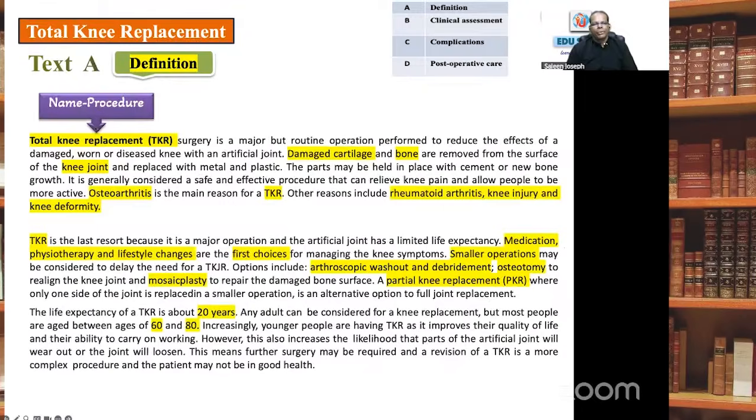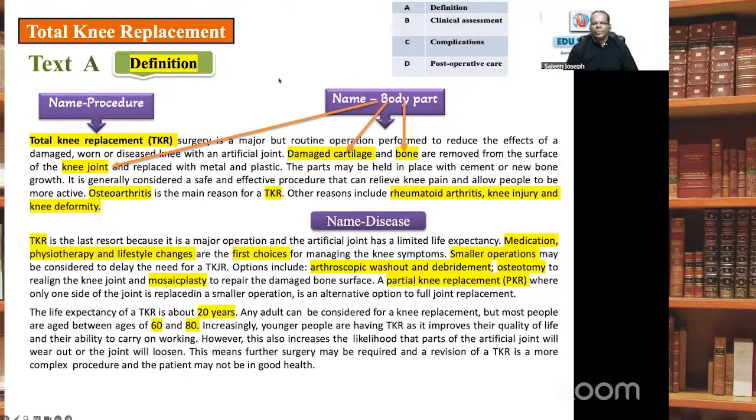See, name of a procedure here, total knee replacement. Then name of a body part. One is knee joint. Second one is damaged cartilage. Another one is bone. Then name of a disease, that is osteoarthritis and rheumatoid arthritis, knee injury, all those things. Knee deformity.